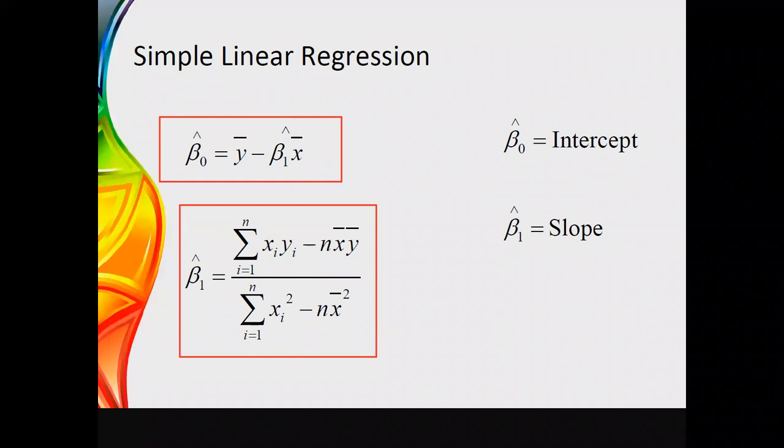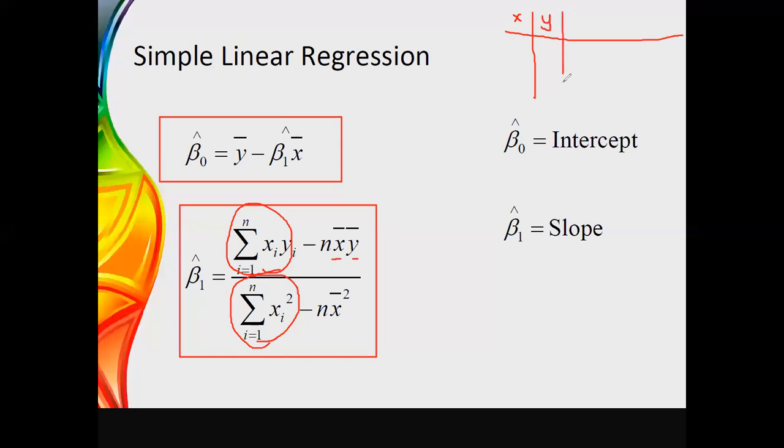When you are calculating the value for beta 1 hat, the summation of xy is needed, and then x bar is needed, y bar is needed, as well as the summation of x squared. Therefore, if you need to perform the calculation for a data set in this form, generally we have the columns for x and y.